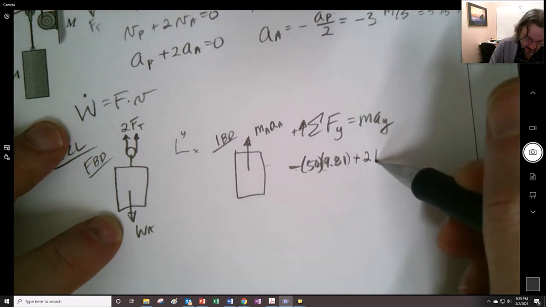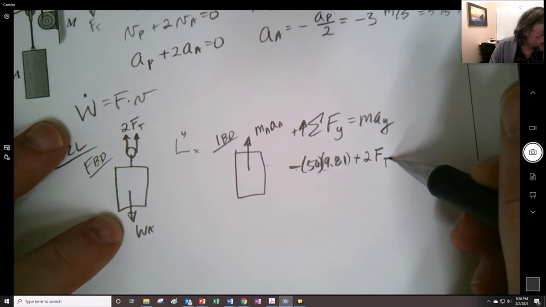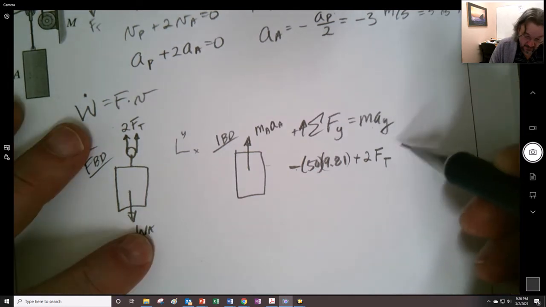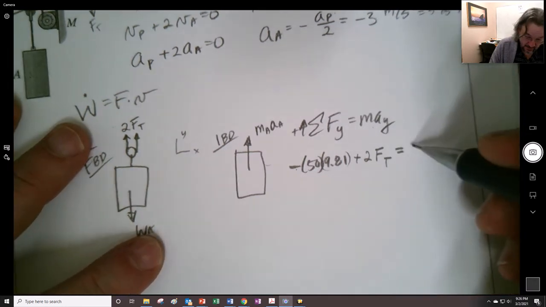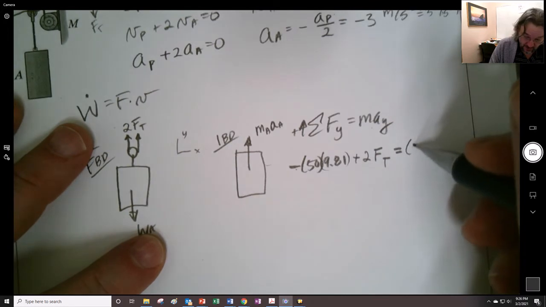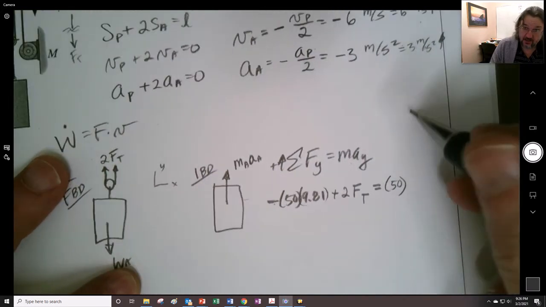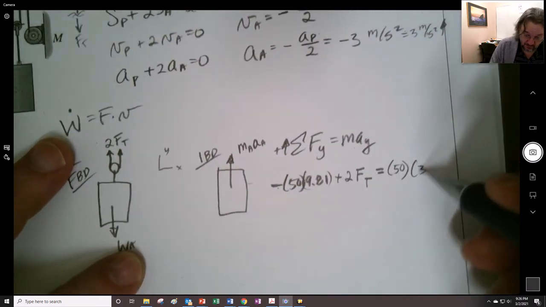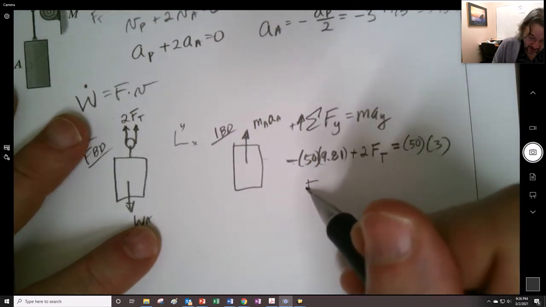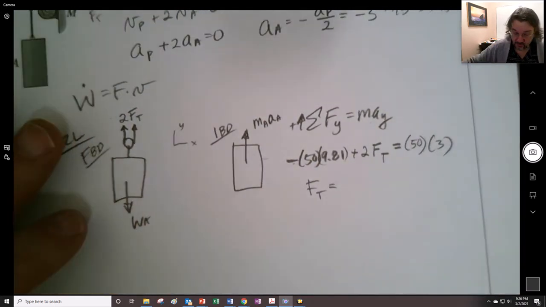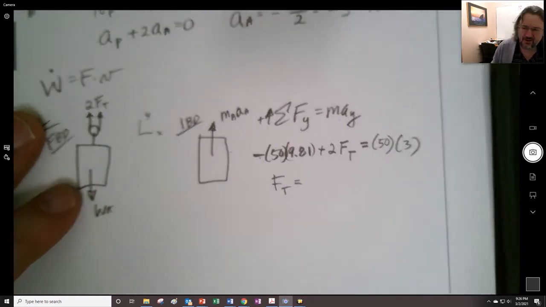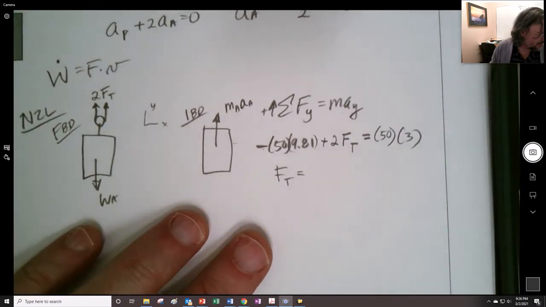Plus 2 times my FT, and it's going to be equal to, and it's going upwards, 50 times 3. And I want to check out what my answer is, because on my piece of paper I didn't write down 2 times the thing. Why didn't I do that?